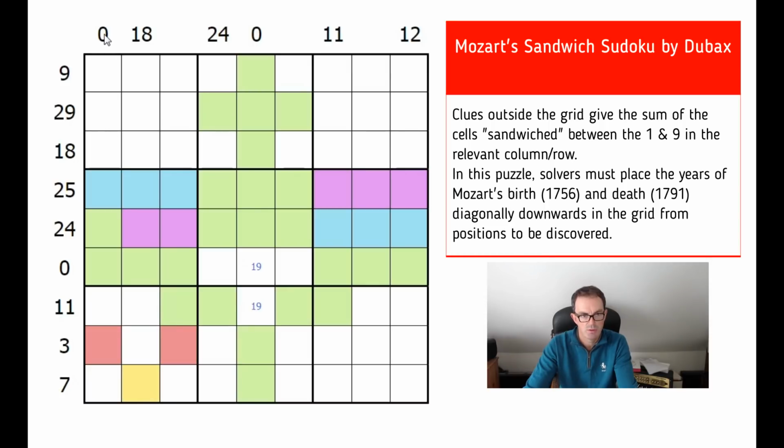But look, I've got a 0 total in the column, so there'd have to be another 1 or a 9 in one of those two squares, which is obviously impossible. That would leave 3 1s and 9s in the box. So that's green. Now this is a little trick for you. The moment this is green, this square cannot be a 1 or a 9, because if I make this square a 1 or a 9, either this square or this square has to be a 1 or a 9.